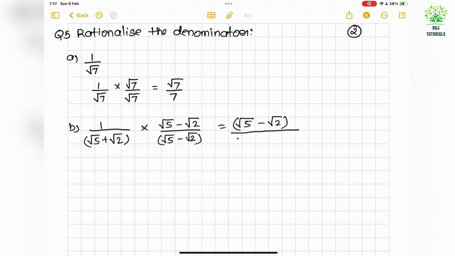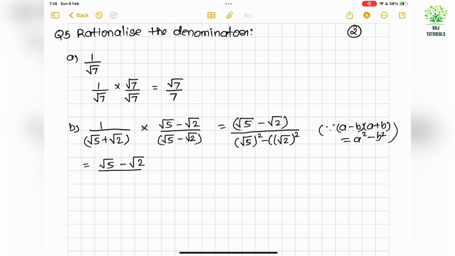So it will be x square minus a square. So that is nothing but I have used the a minus b into a plus b equal to a square minus b square formula. Now this will be root 5 minus root 2 upon 5 minus 2. So that will be root 5 minus root 2 upon 3.